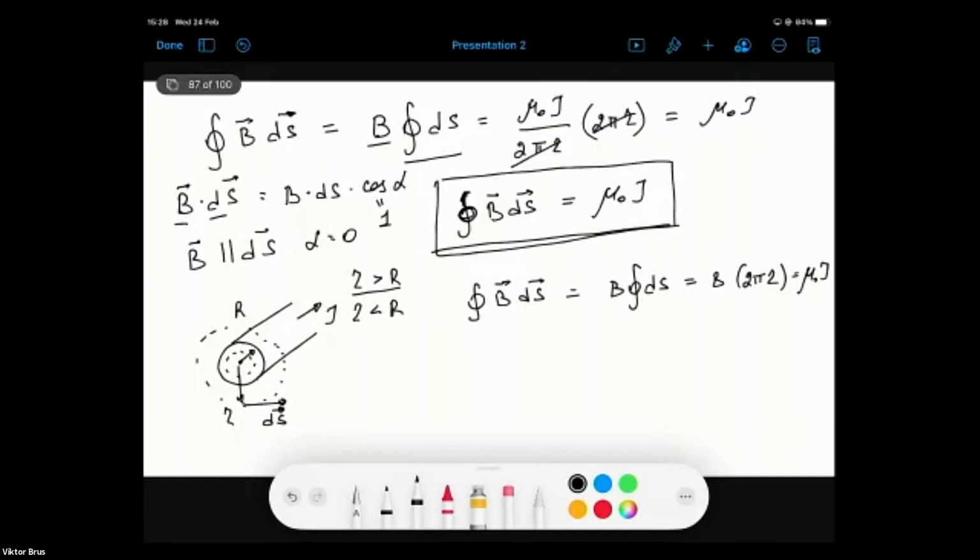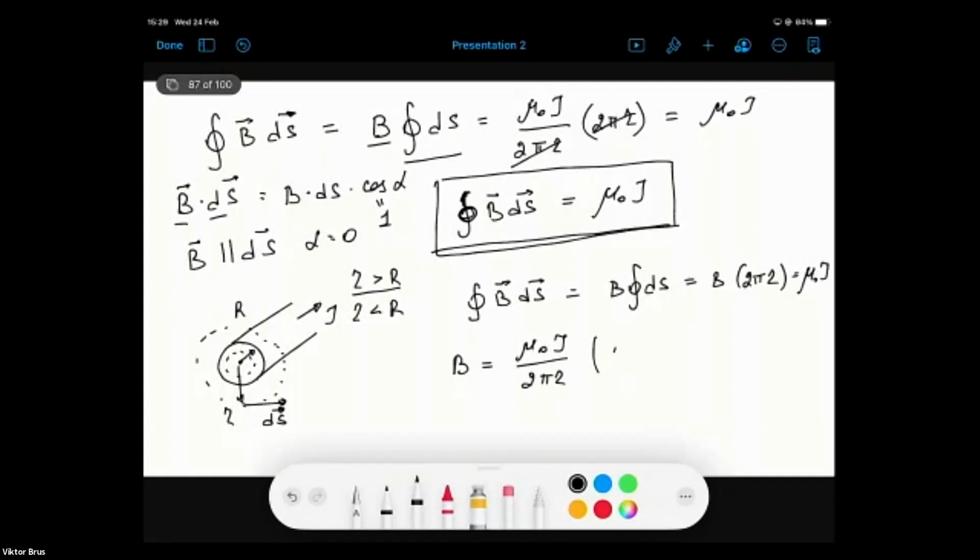So now if we solve for B, we can write that it's equal to mu naught times I over 2 pi R. And this is a familiar equation for us because we already derived this magnitude of magnetic field around a straight conductor, a long wire, previously, but this time we did it applying Ampere's law.